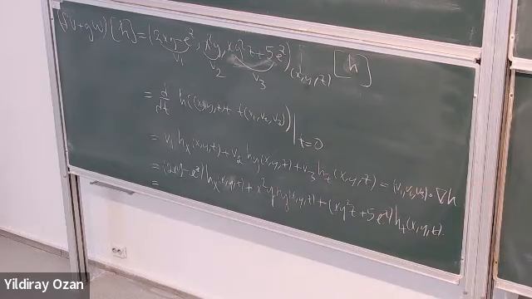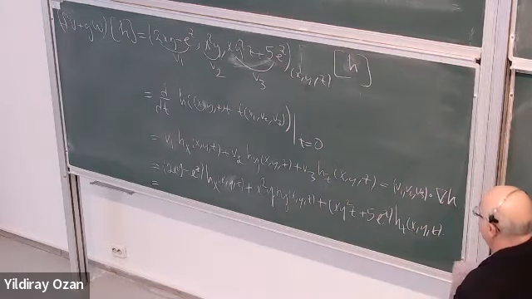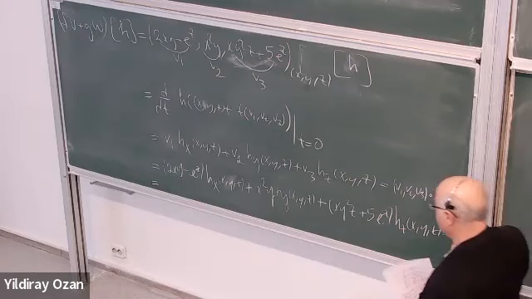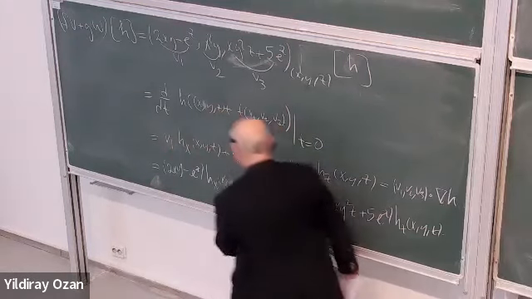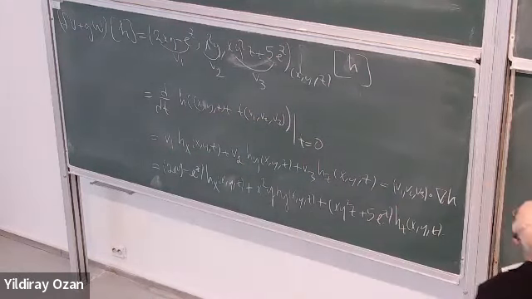Because the directional derivative is just the gradient vector times the vector along which you take the derivative.